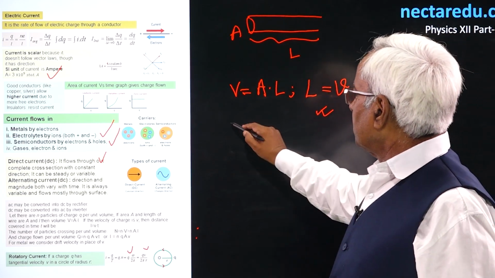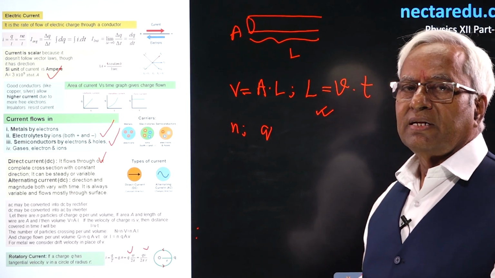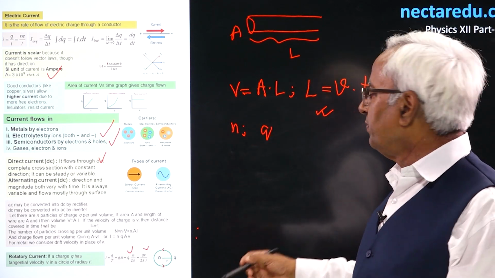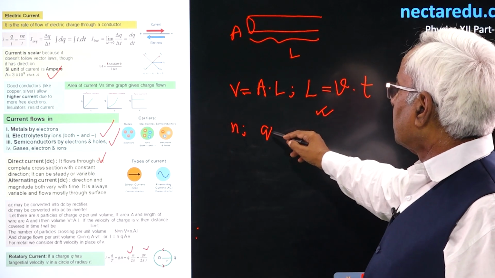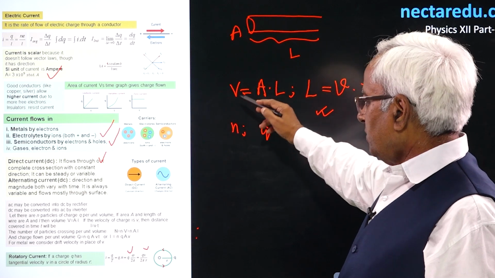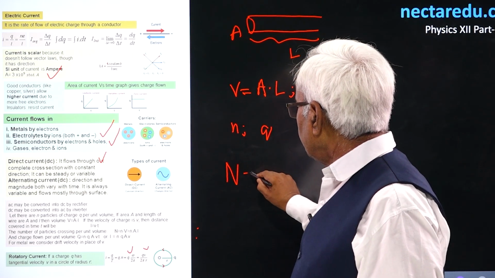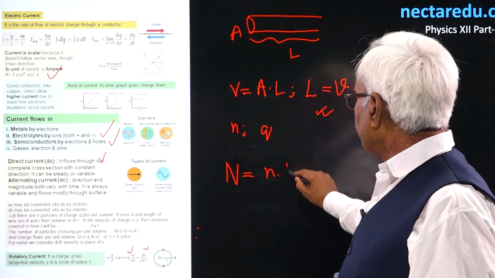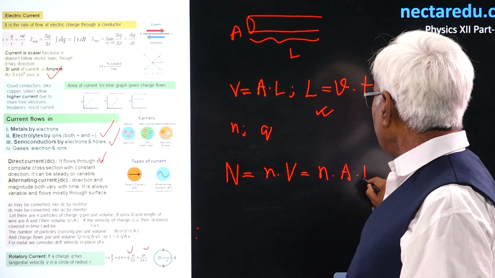Let's suppose there are n charged particles per unit volume, the number of charged particles in the volume V will be given by n into V. You see, the number of particles in the given volume is going to be n A L.